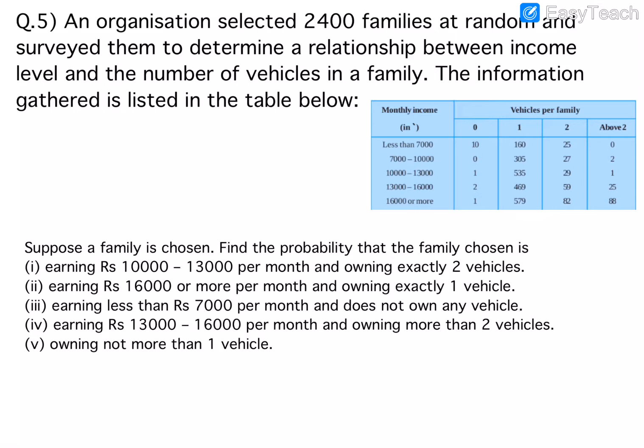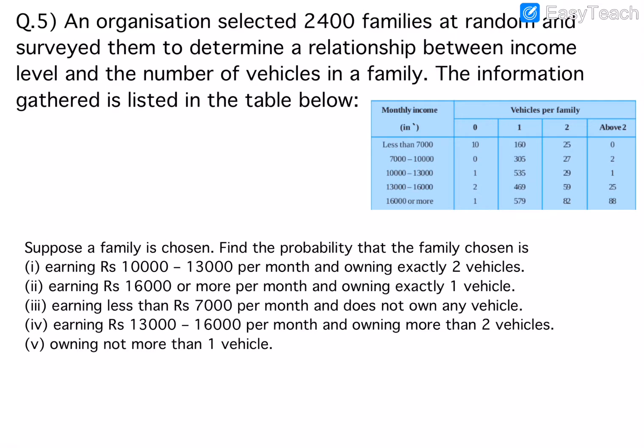And in the same way, in the income group 13,000 to 16,000, 2 families have 0 vehicle, 409 families have 1 vehicle, then 99 families have 2 vehicles, and 25 families have more than 2 vehicles. This is 59.